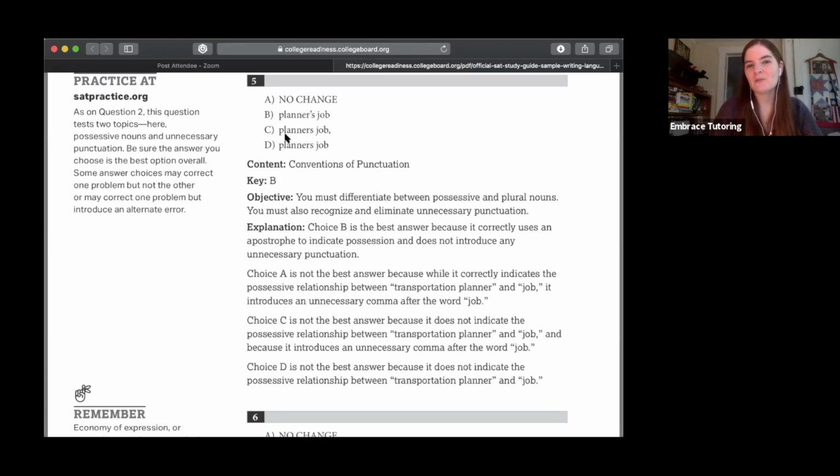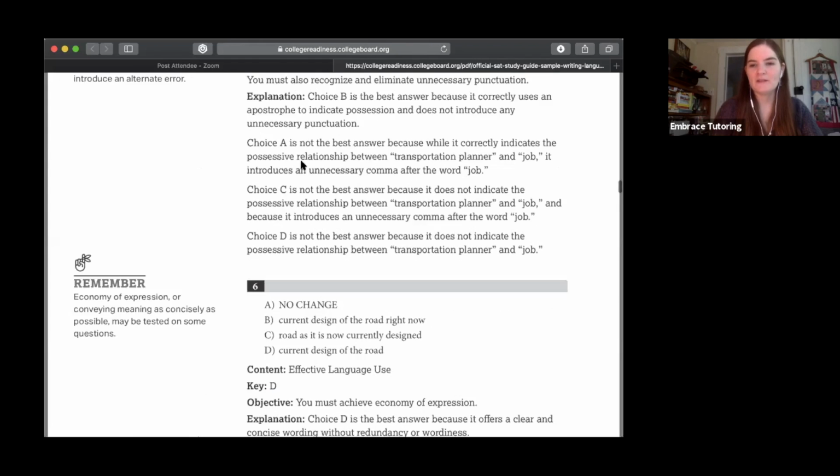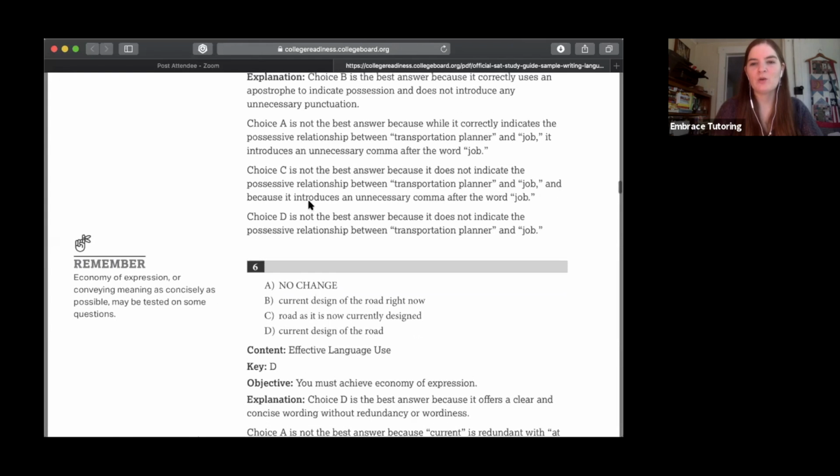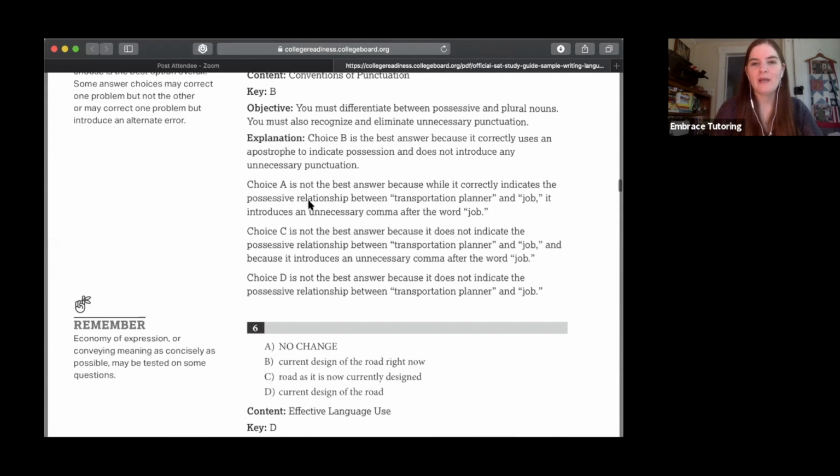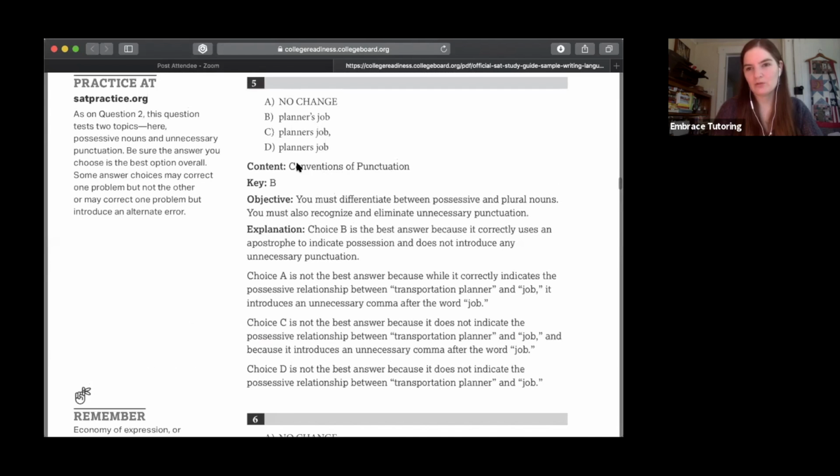We would expect this to be planner's jobs if we were talking about job as a noun here, and different things like that. So you do want to make sure that you are paying attention to those kinds of issues, okay, which we're going to continue.